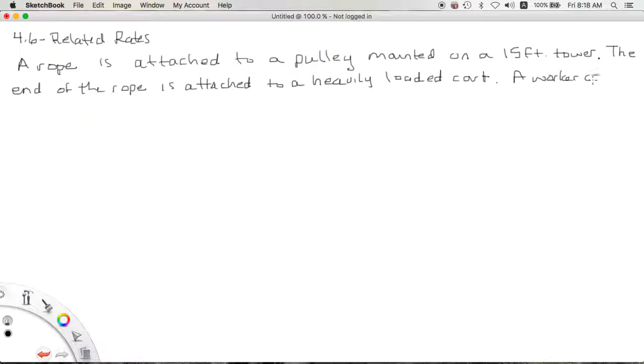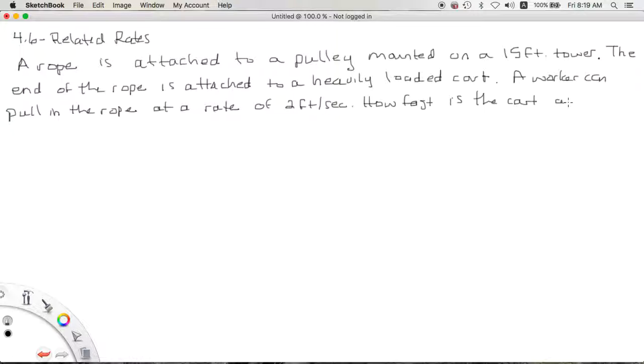A worker can pull in the rope at a rate of 2 feet per second. We want to know how fast is the cart approaching the tower when it is 8 feet from the tower.